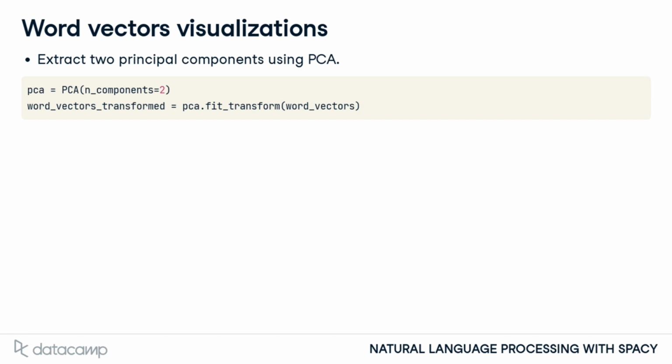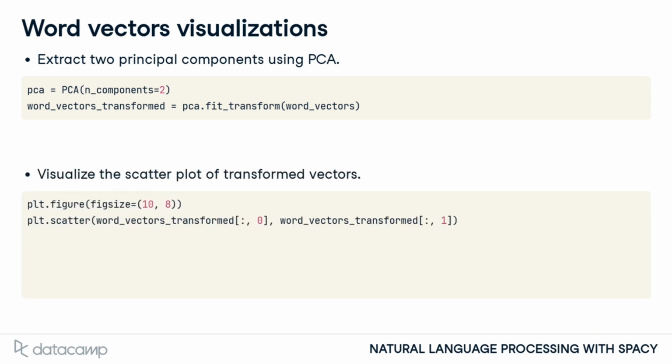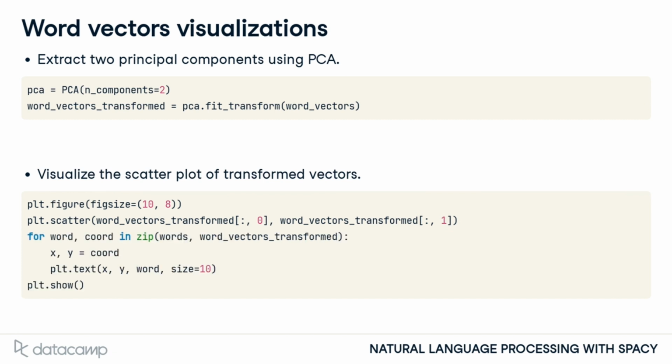We use the PCA library from scikit-learn and extract two principal components using the pca.fit_transform method. We can later use these two components as x and y coordinates per word by accessing 0 and 1 indices of the transformed word vectors, and then visualize a scatter plot using plot.text and plot.show methods.